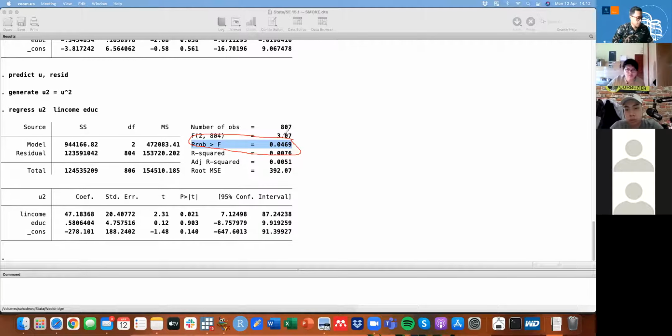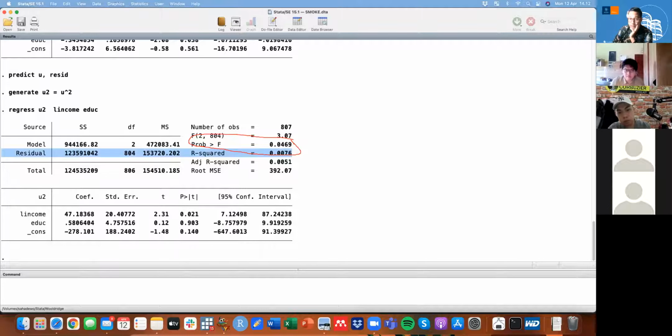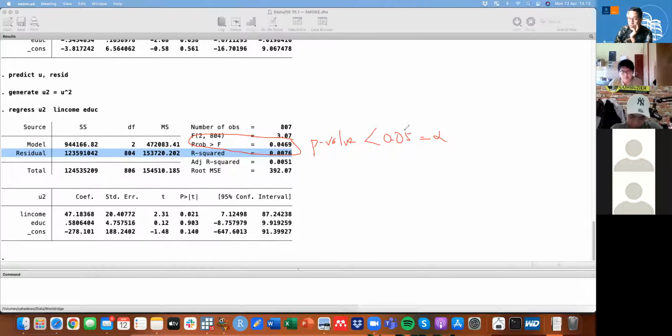Okay, Zaki, assuming what level of significance in this case? 5%. Yes, 5% level of significance. Okay, very good. So you can see that the p-value here is lower than the 5% significance level.